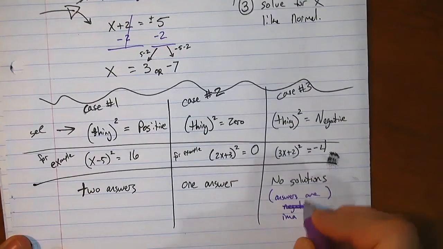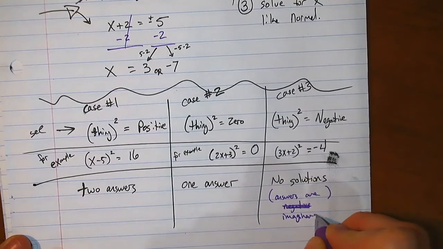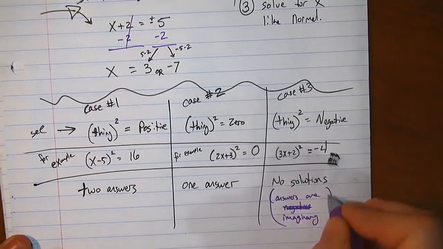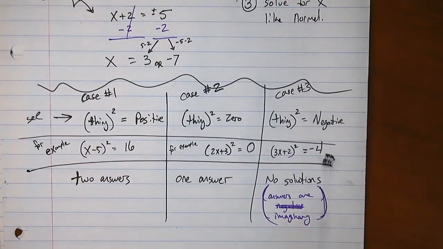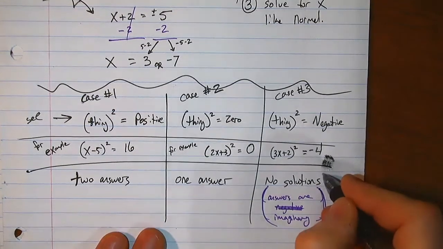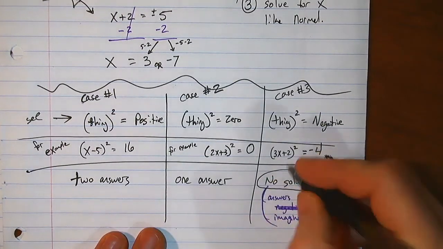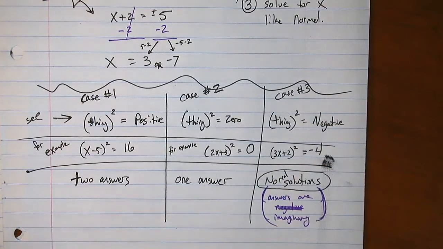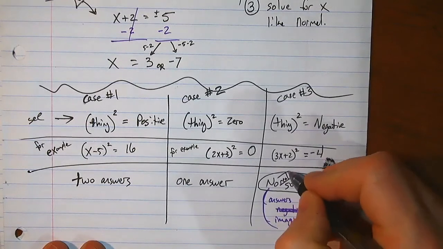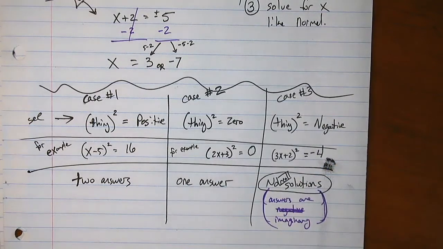Now, at this point in our class, you don't need to know what that means. You don't need to know what imaginary numbers are or how to find them, but that is something we'll look at later this semester. Right now, all you need to know is that there are no real solutions. That's what you need to know right now.